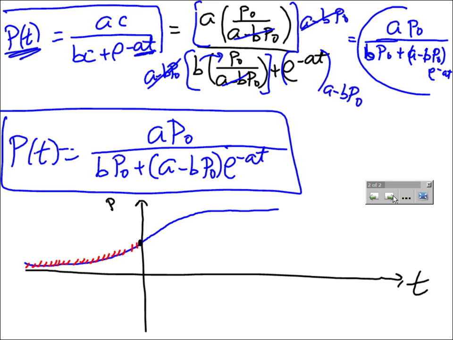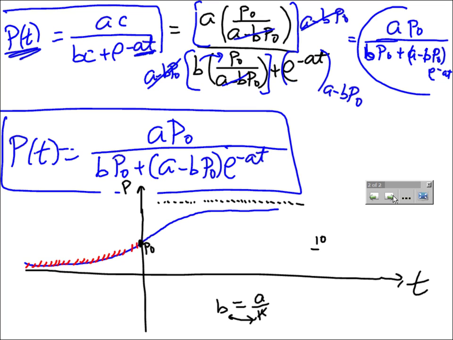This point right here, that's going to be T0. It's getting to the right, is getting closer and closer to this line. That line is going to be A over B. Remember, we defined that B was A over K. Well, we could always interchange those two.